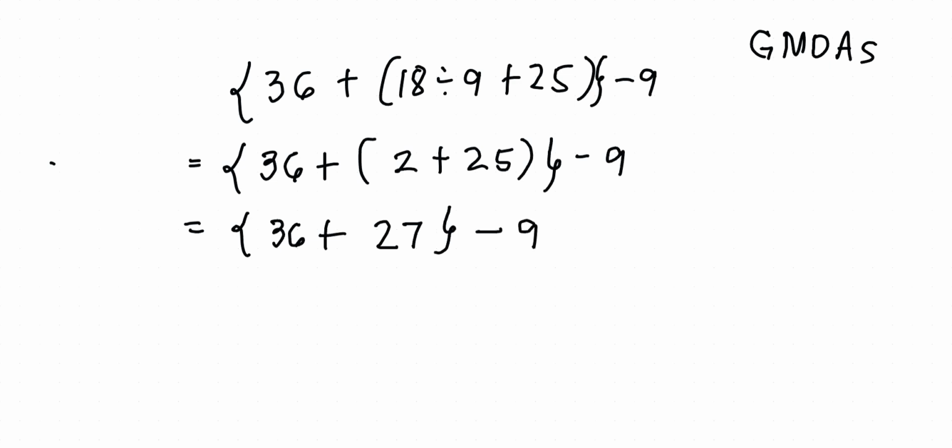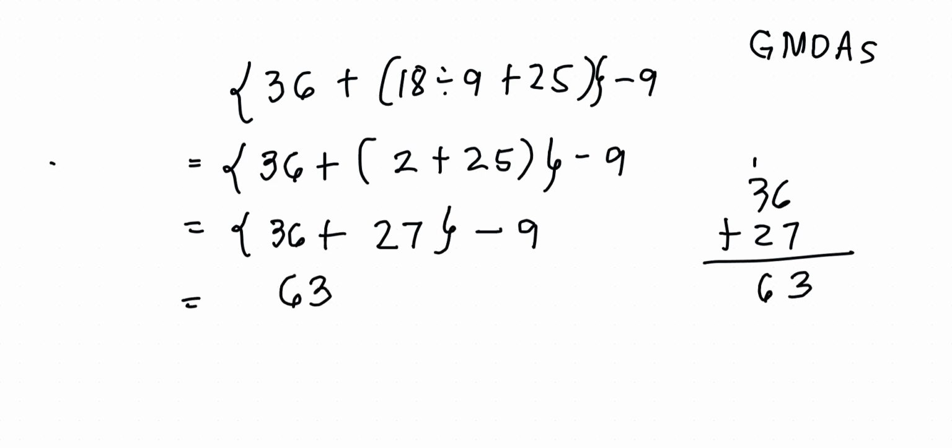So the operation here inside the grouping is 36 plus 27. And what is 36 plus 27? So 6 plus 7, 13, carry 1, 3 plus 2 is 5 plus 1 is 6, so 63. Okay, that's the time we can remove the braces and copy the minus 9.